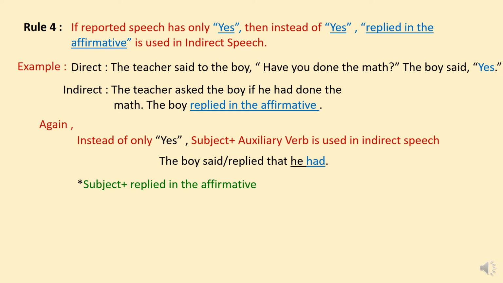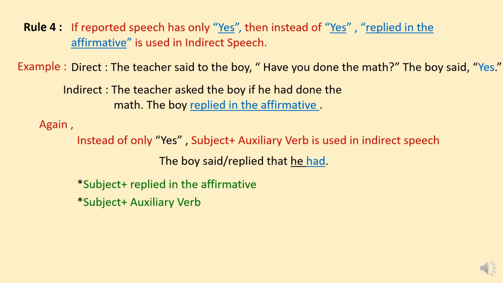So, the structure we can see if it is only yes: subject plus replied in the affirmative. That is, the boy replied in the affirmative. And we can also use another way, that is subject plus auxiliary verb. That is, the boy replied that he had.